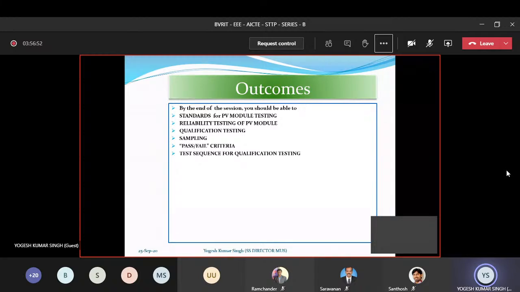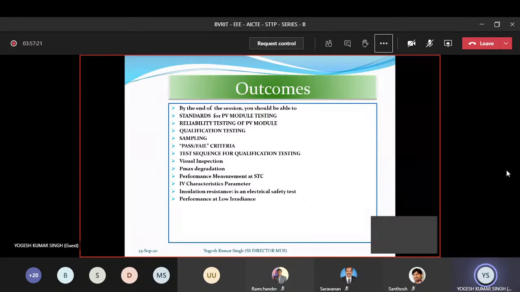Then we will discuss the sequence of the qualification tests, how the tests will be done. Then we will cover the visual inspection and other things. Then we will discuss the maximum degradation of the module. Then we will cover the performance measurement at STC condition. Then we will also discuss the characteristics of the solar IV curve. Then we will discuss the insulation resistance and the electrical safety test of the module.